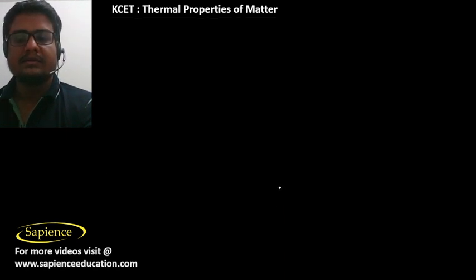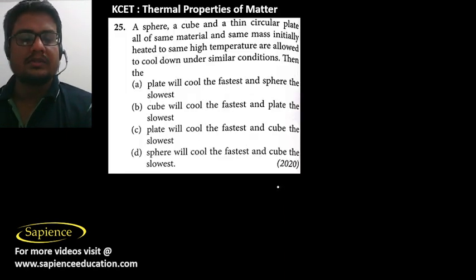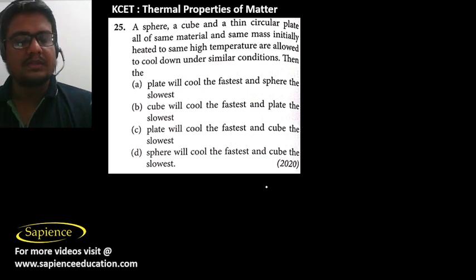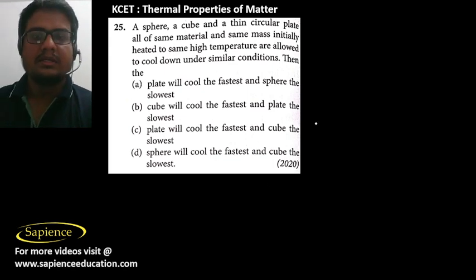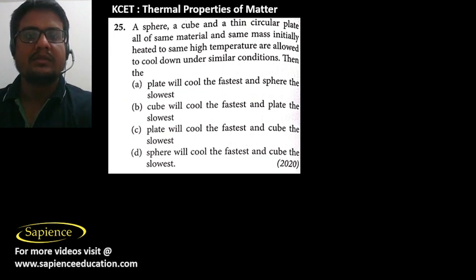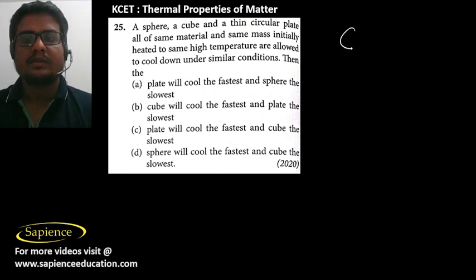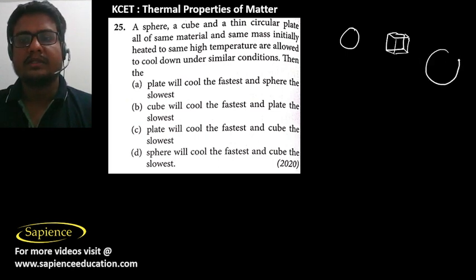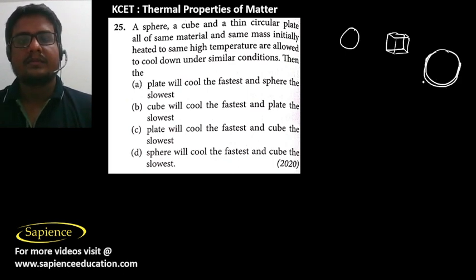Then here we shall solve the last question of this chapter. So there is a sphere, a cube, and a thin circular plate, all of the same material.